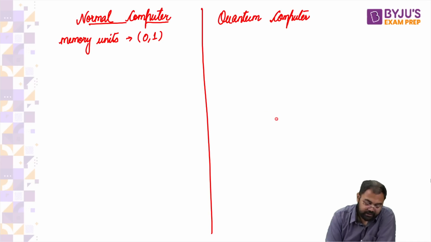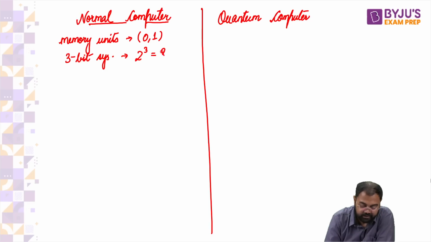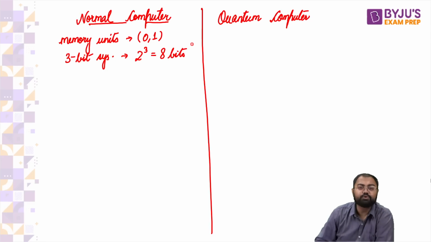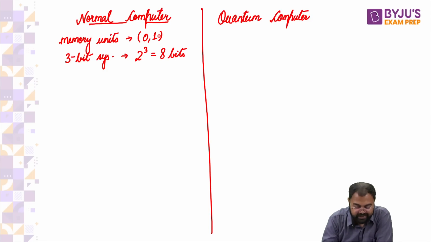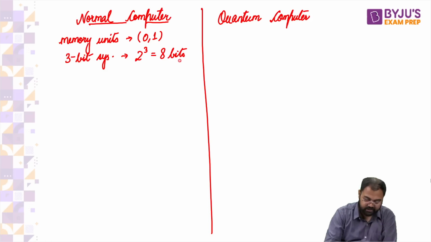Let's say we are designing a 3-bit system. In that case there will be 2 to the power of 3, meaning 8 states. It's always 2 to the power of n. So a 4-bit system would have 16 states, a 5-bit system 32 states, and so on. Sorry, these are not bits but rather states. These are all the states in which a 3-bit system can exist. How exactly? You have just zeros and ones to design with.